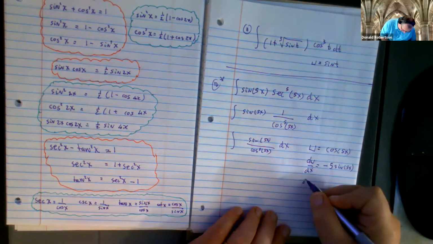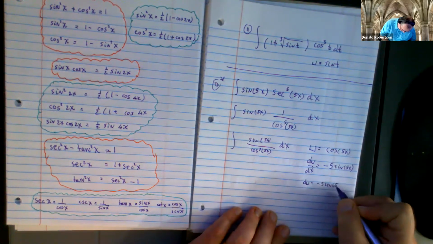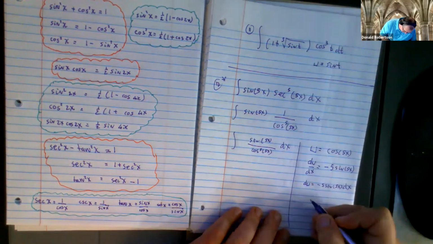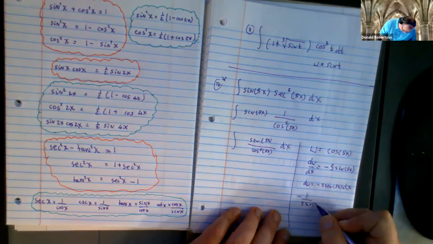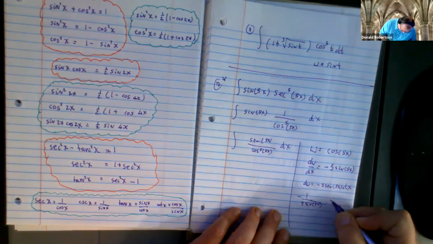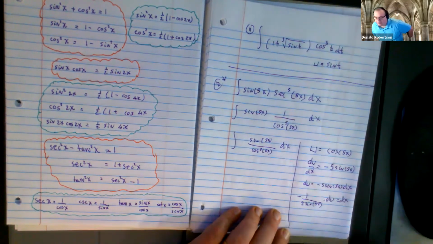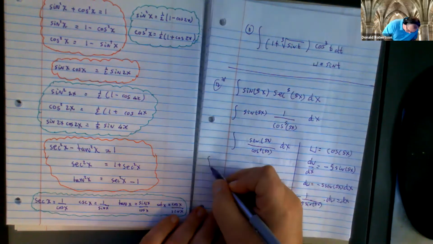And I'll do my crossover. And then I'll divide by 5 sine of 5x to isolate the dx. So do you see, the 5x is not really an issue, it's just an annoyance. Right, so what do we have?